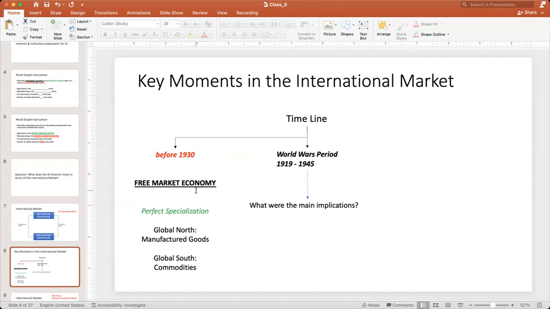They produced only commodities, exported commodities and imported manufactures. However, what happened in the World Wars period? We covered that in the previous classes, but the main implication of this wars period was that the economy closed.